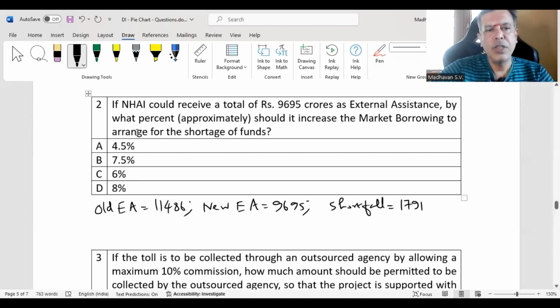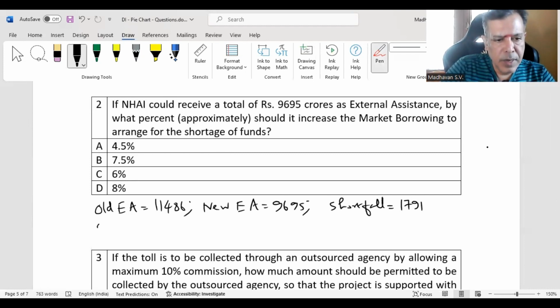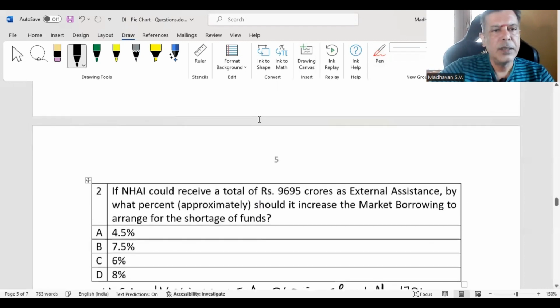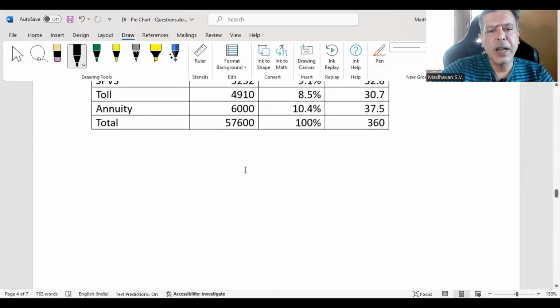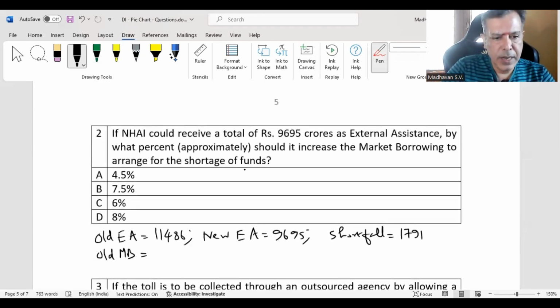So how much percentage should it increase the market borrowing? The old market borrowing is 29,952 crores. Now we have to find out how much percentage this market borrowing needs to be increased.